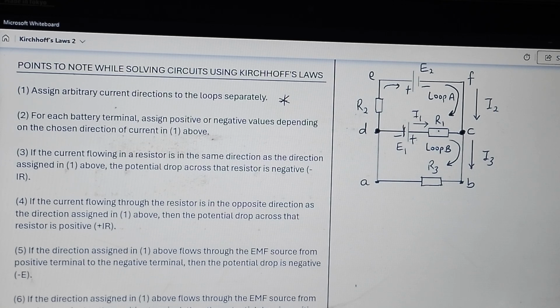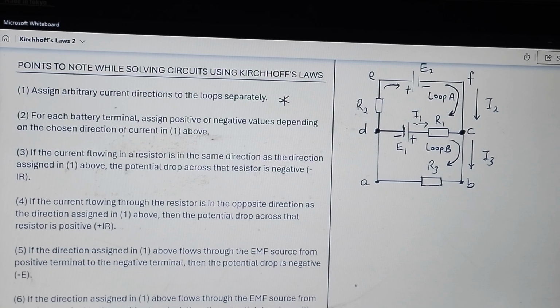Now we check the resistor. This current flowing through the resistor, where is it flowing to? It is flowing towards your right, which is in the opposite direction of this arbitrary current flow we have chosen.